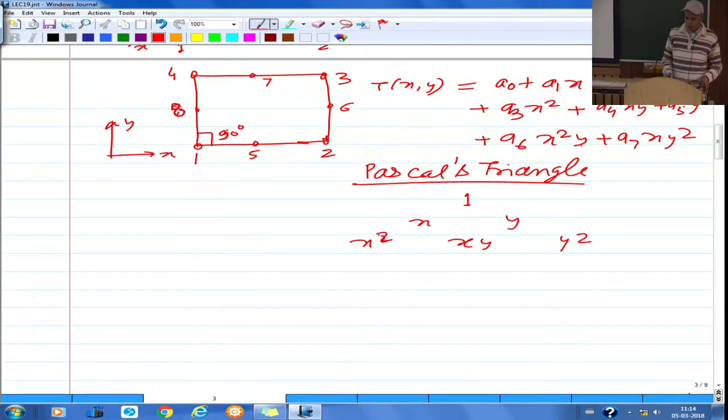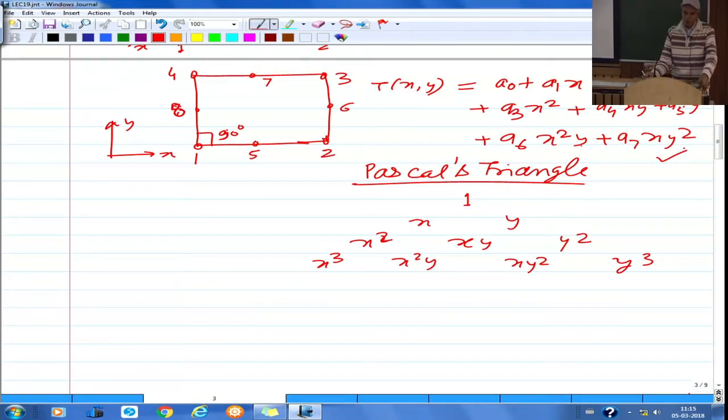For the 3 noded triangle we chose the first three, then for the 6 noded triangle we chose the first 6 terms, and then the third degree terms in x and y: x cube, x square y, xy square and y cube. So when we are choosing the terms for this 8 noded rectangular element, as you see, we are basically choosing from this triangle these terms up to here.